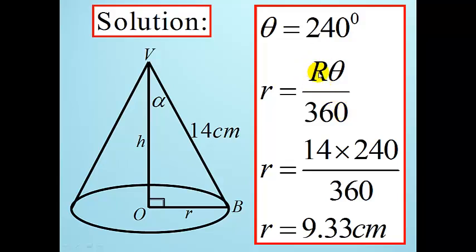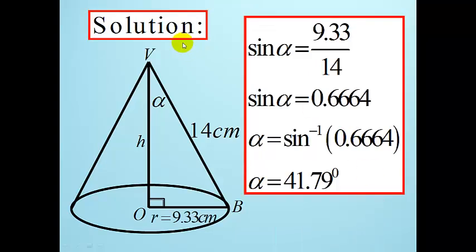R being the radius of the circle is the same as the slant height of the cone, and that is 14. Theta is the angle 240 degrees. And so r will be equal to 14 times 240 divided by 360. And 14 times 240 divided by 360, r is equal to 9.33 centimeters. That means that the base radius of the cone equals 9.33 centimeters.